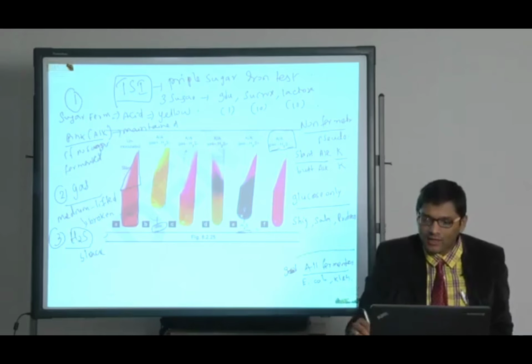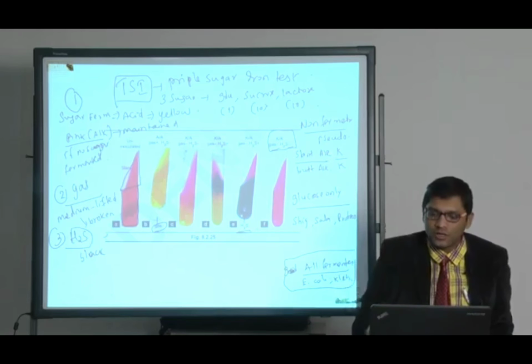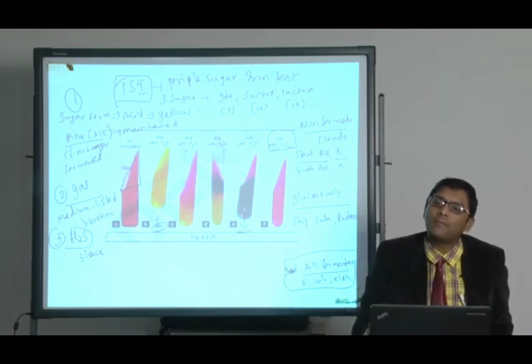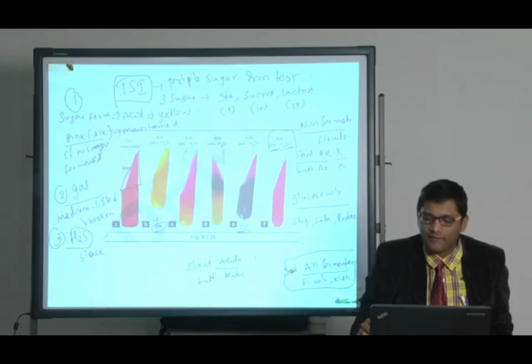All fermenters like E. coli and Klebsiella, when all these 3 sugars are fermented, enormous acid will be produced. So, the entire medium will become acidic or yellowish. Slant will become acidic, butt will also become acidic, and we give a code of A for acidic.